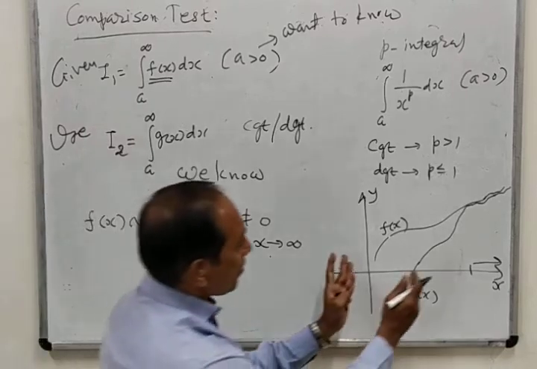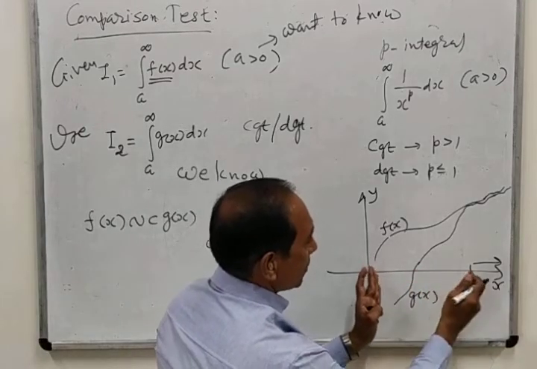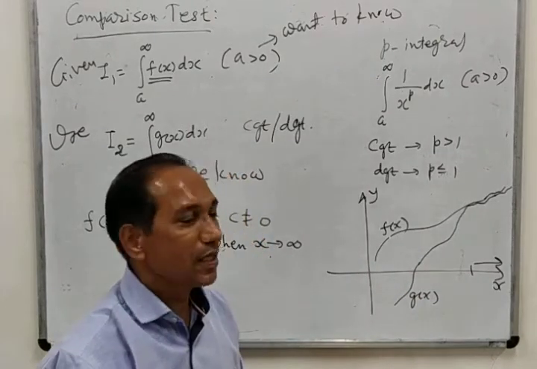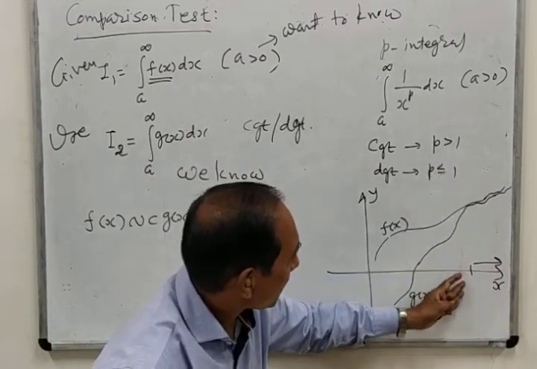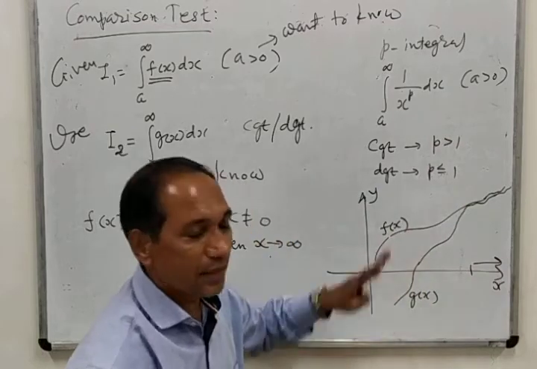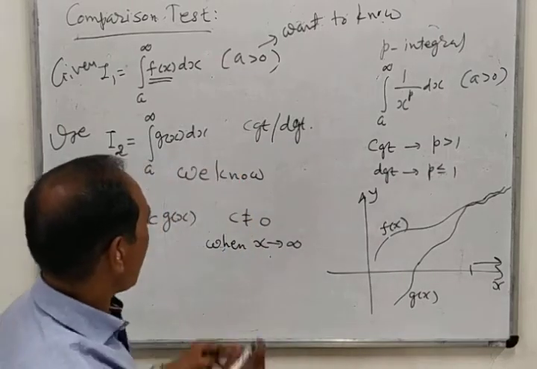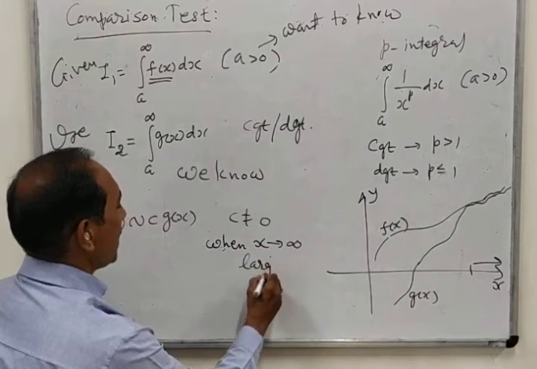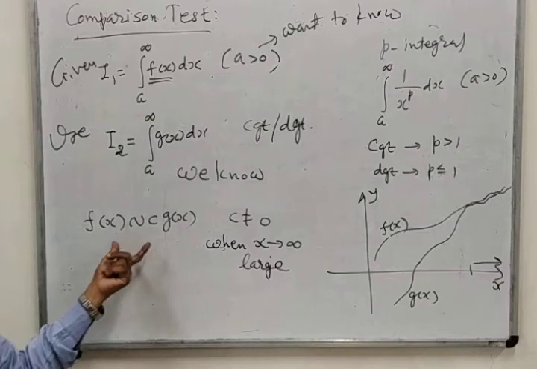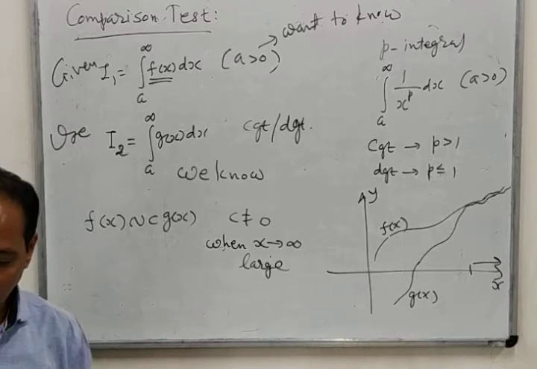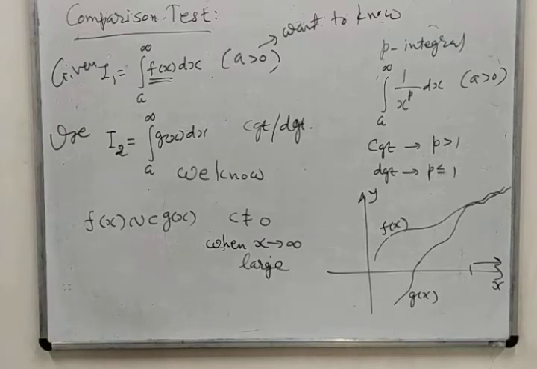Up to some positive values like 1000, 100, 1010 or whatever, if they are far apart, there is no problem. But when x is very large, if they tend to be equal up to some constant multiple, then we say they are approximately equal. Then we can make use of this theorem. Otherwise we cannot make use of this theorem.